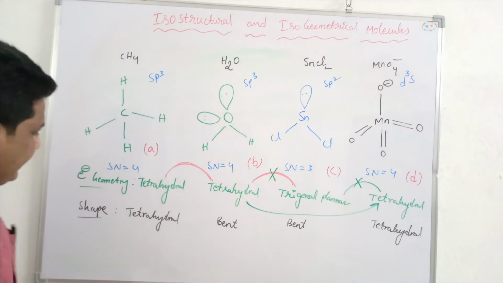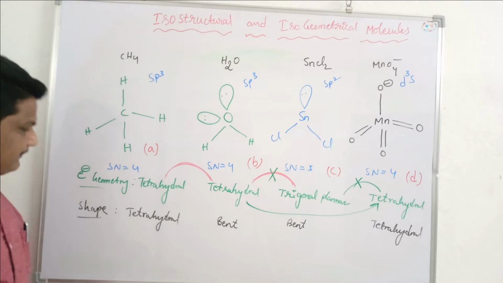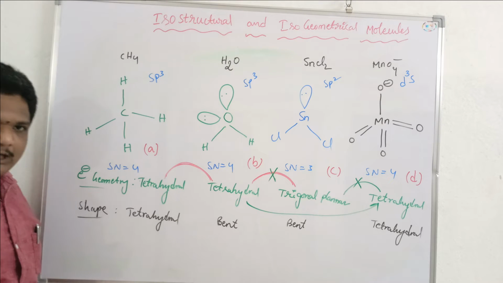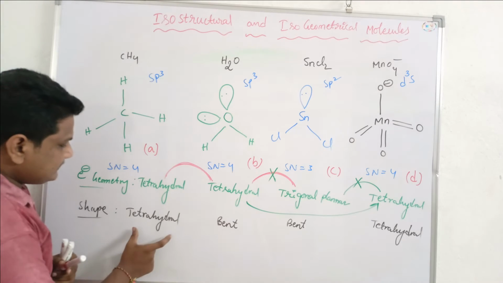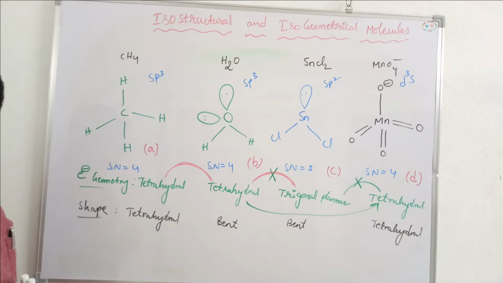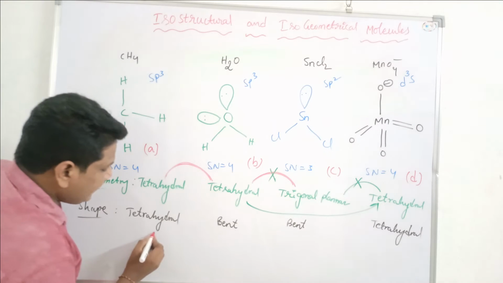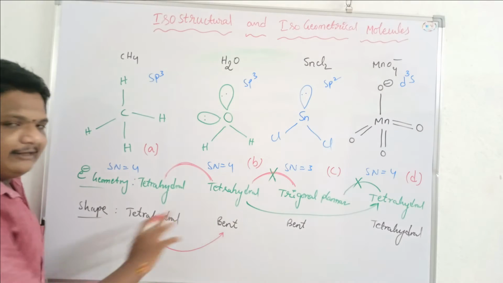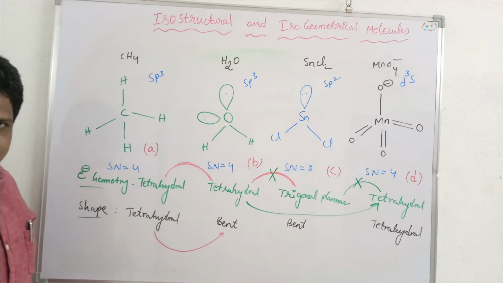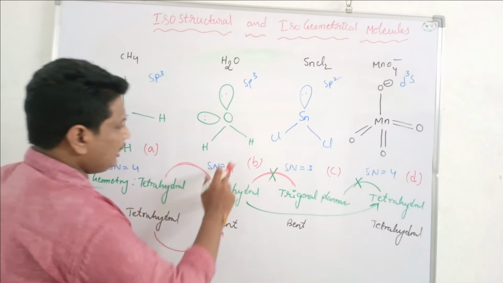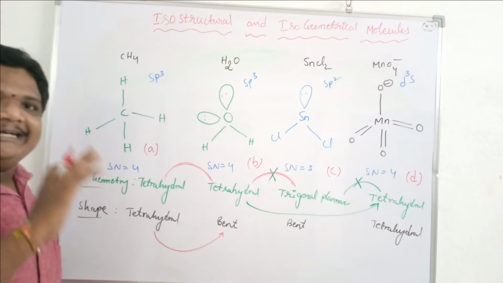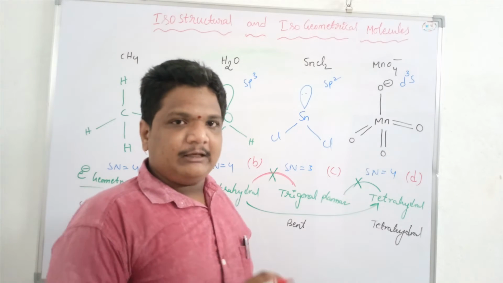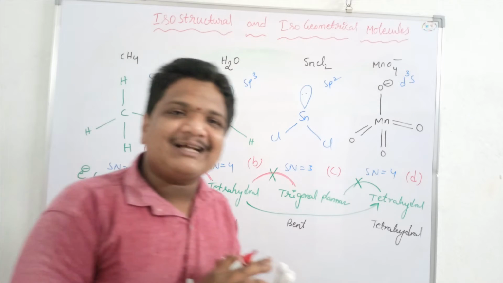Now let us see the shape or structure of the molecules. Molecule A, that is CH4, is different from molecule B. Molecule A and molecule B have different shapes, so they are not isostructural.